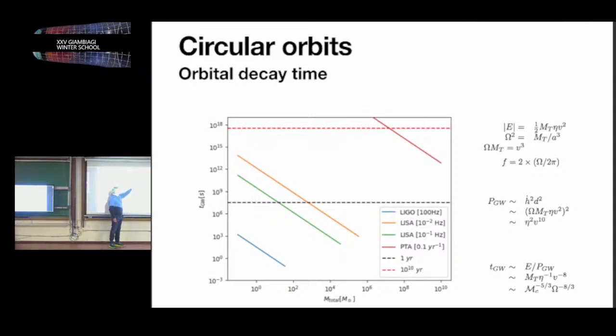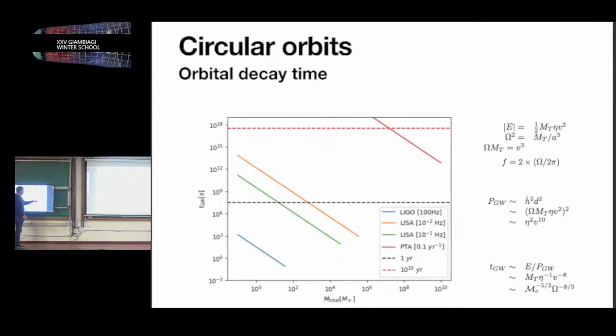If you fix the velocity, that fixes the distance, the period, everything gets fixed. So you can think of the distance changing slowly or the velocity increasing slowly. So it's just a one parameter thing where you say at what distance they are, or at what frequency they are emitting, and that is changing slowly.